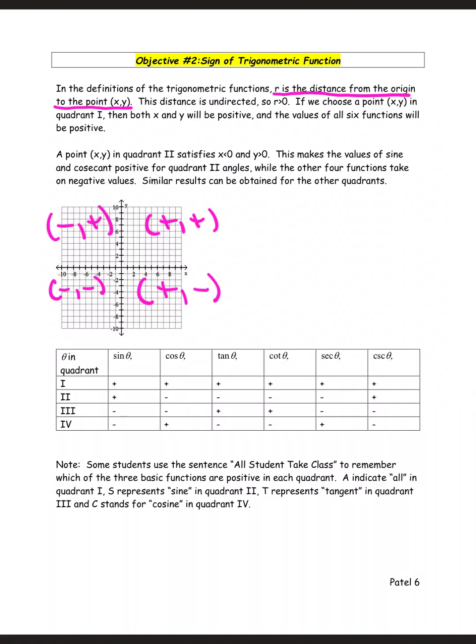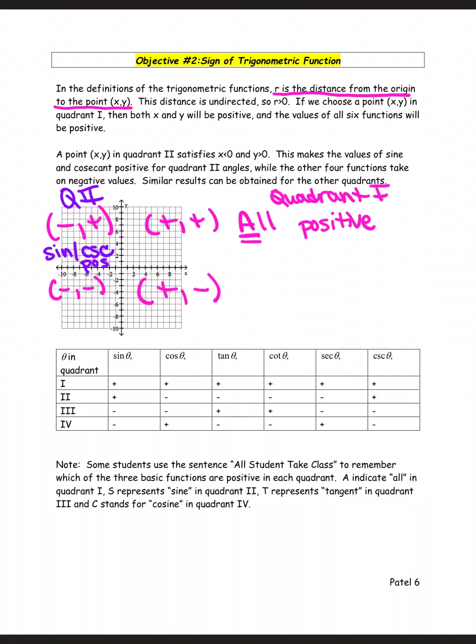So note, some students use an acronym: All Students Take Class. So all of them are positive only in quadrant 1. In quadrant 2, sine and cosecant are positive. Okay, I'm talking about positive.